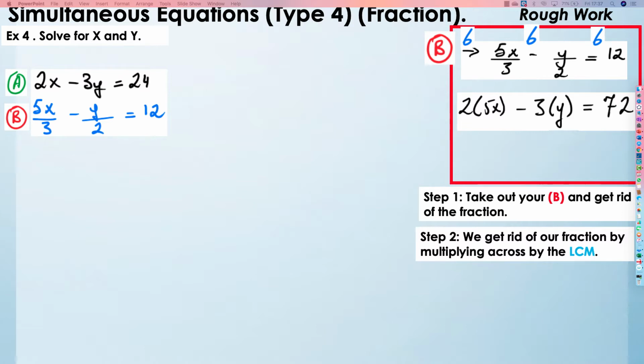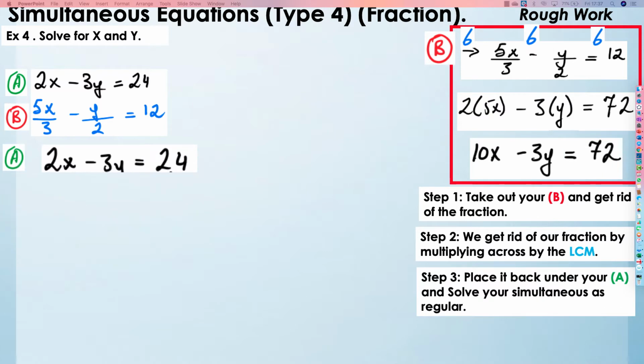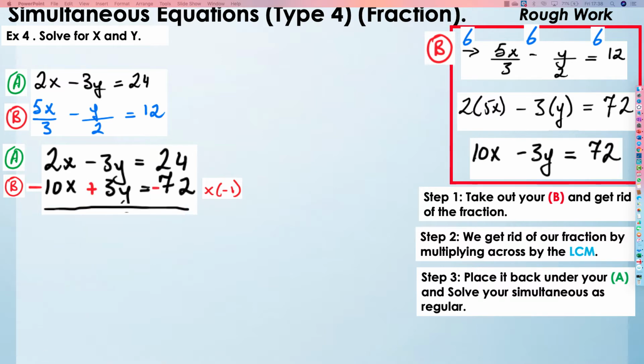Check it there. 10x minus 3y is equal to 72. Multiply the bottom line by minus 1: minus 10x plus 3y. 8x is equal to minus 48. You should get minus 6, not 6.